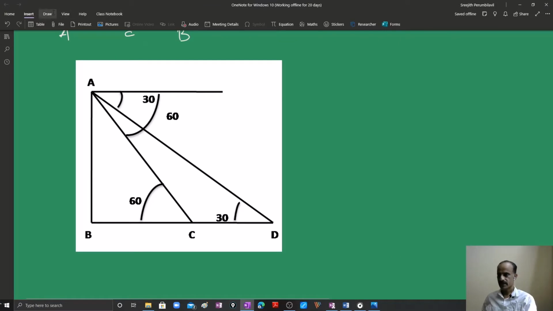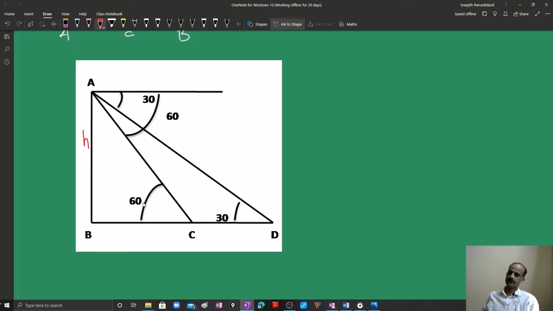Let the height of the tower be h, and this distance be x.